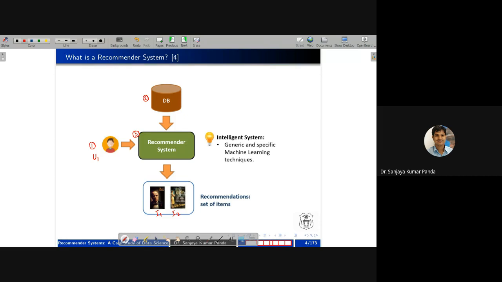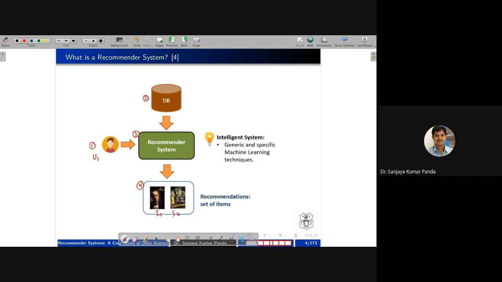The user may like what you are suggesting, may dislike it, or may like one of the items you have suggested. The major component of this recommendation system is the third component. This is the 4th component, but the major emphasis you have to give is to the third component. We call this an intelligent system.